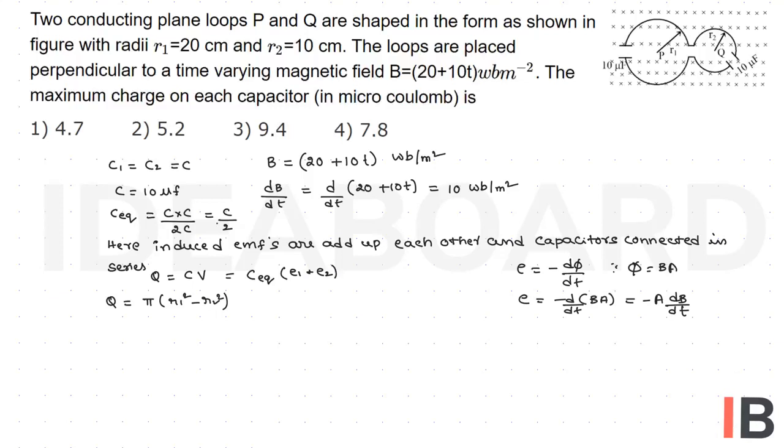Since they are the loops, area of cross section A is equal to pi r square into equivalent capacity C by 2, which is dB by dt.